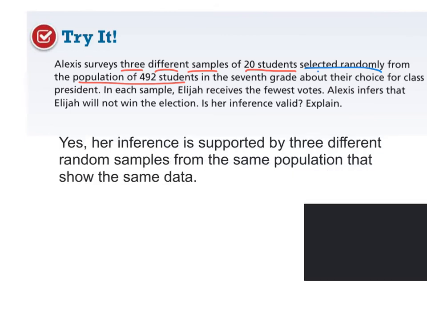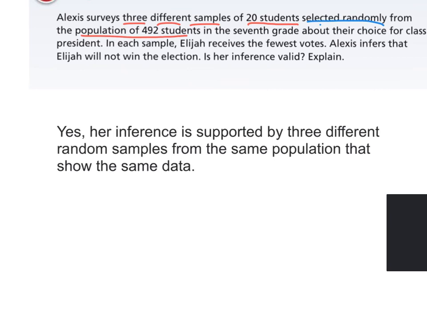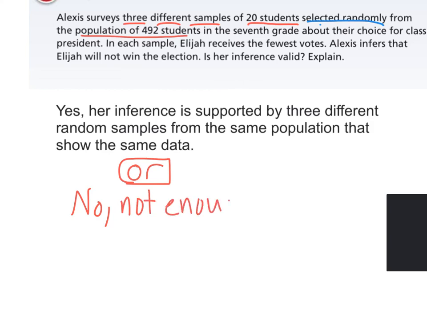The book says yes, her inference is supported by 3 different random samples from the same population that show the same data. So they're saying all these samples are showing the same information, so yes, she has a valid inference. Again, I would argue that potentially you could also say no, because not enough students were asked.